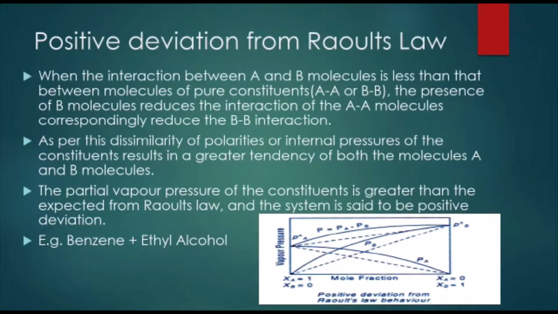We can also understand this by the graphical method. It is totally similar to the negative deviation, but there are some changes which we have to note. Initially XA is the solvent and XB is the solute.